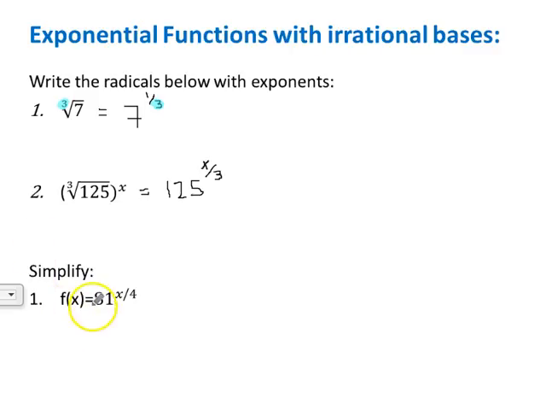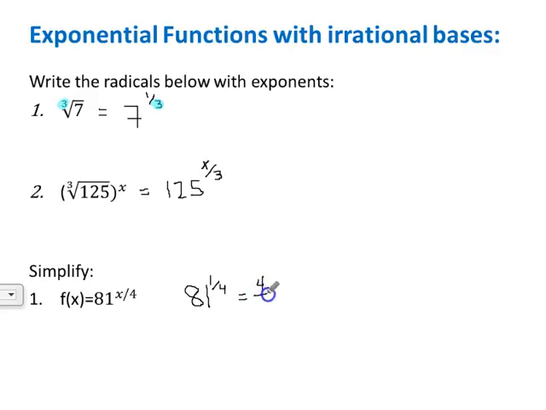Last but not least, let's simplify f of x equals 81 to the x over 4. So x over 4 is the power. First of all, let's say we just have 81 to the 1/4. How can we rewrite that with a radical?